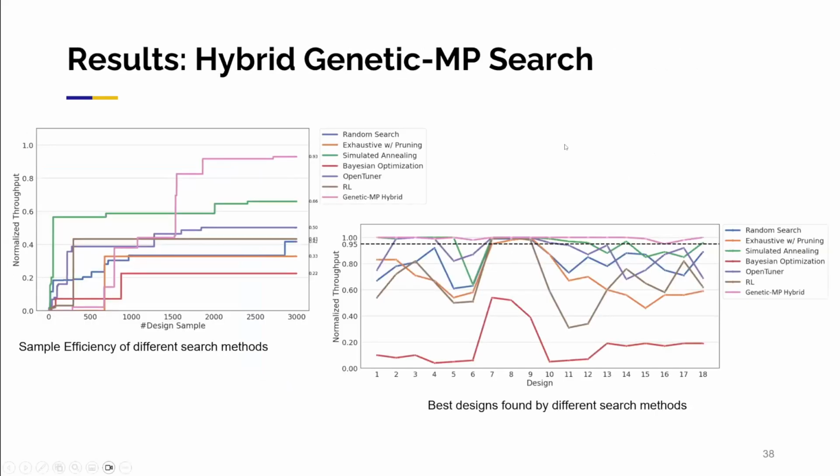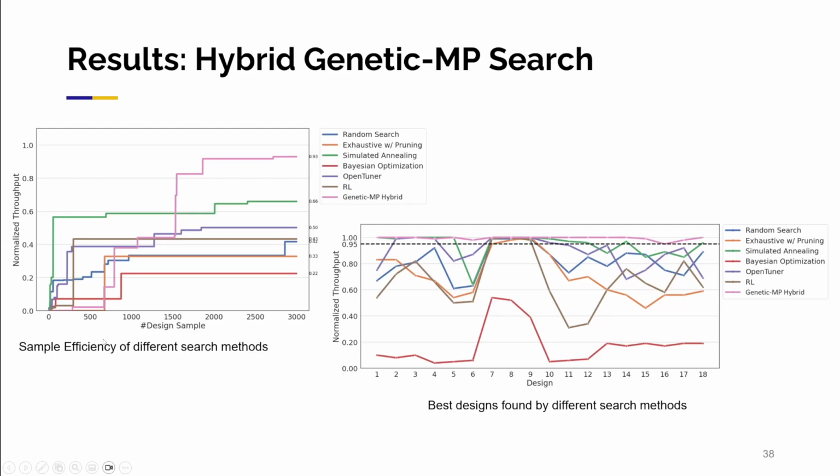So first, to evaluate our genetic mathematical programming method, we compared it with random search, exhaustive search with pruning, simulated annealing, Bayesian optimization, and then with OpenTuner and reinforcement learning.